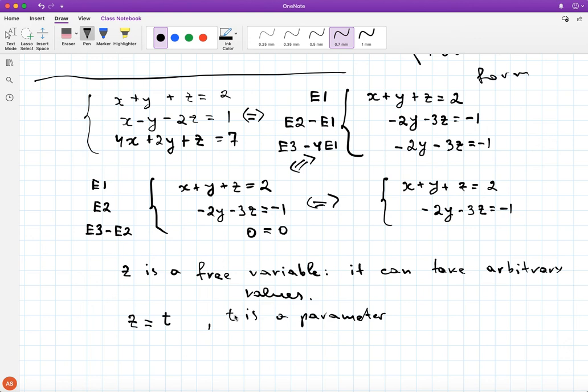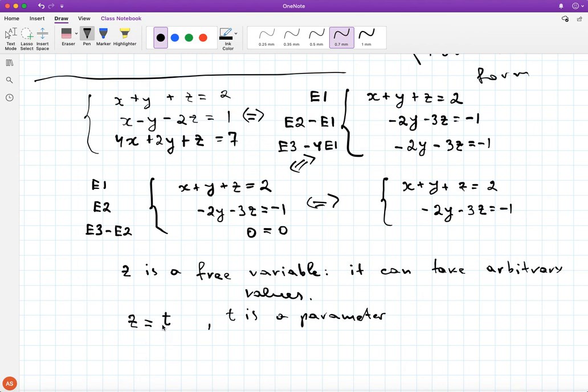We do not solve for a parameter. A parameter is a letter that indicates an arbitrary number or an arbitrary choice. And in this case, t is indicating the value that we're selecting for z, and this choice can be made arbitrarily, and therefore t could really be any number.